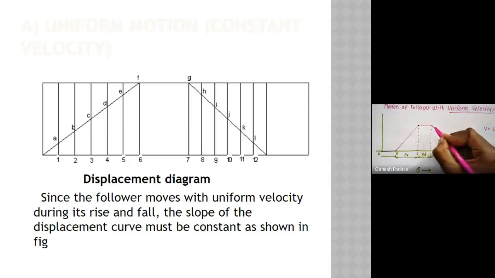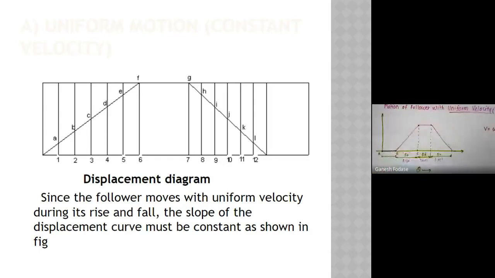So this one is fall of the follower. So this one is a rise, this one is dwell period, and this one is a fall. So this is the displacement diagram for a follower with uniform motion. It is drawn as follower displacement versus cam angle.